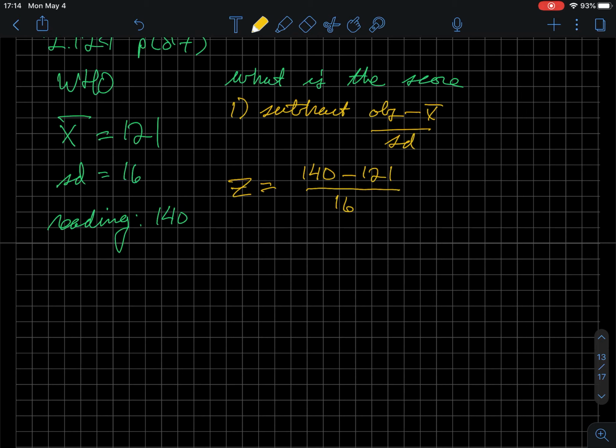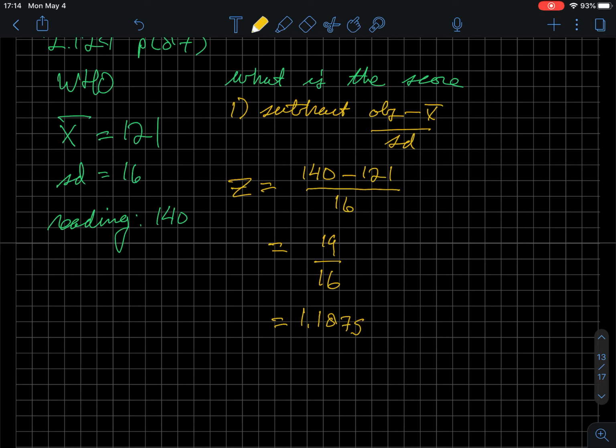Using our calculator, 140 minus 121 equals 19, divided by 16, which is equal to 1.1875.